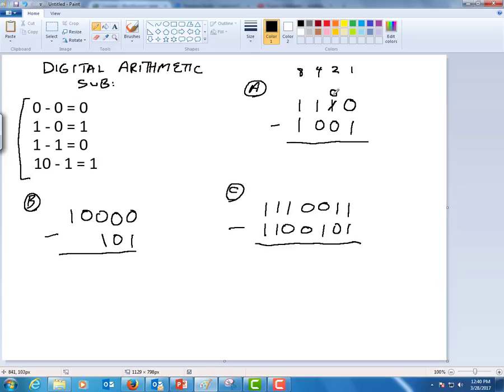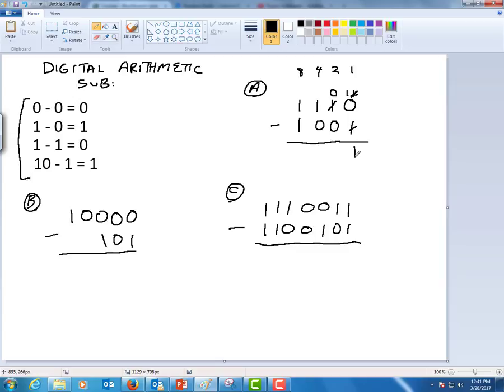So if we're going to borrow here, we're going to take this 2s column. That 1 is going to become a 0. Remember, we're talking binary. It can only be a 1 or a 0. But since it's in the 2s column and we're moving it right here, that's basically 2 1s. One of the 1s is consumed here, because you're subtracting 1 from there. So what happens? It leaves you with a 1 left over.